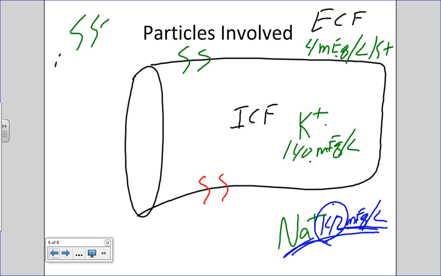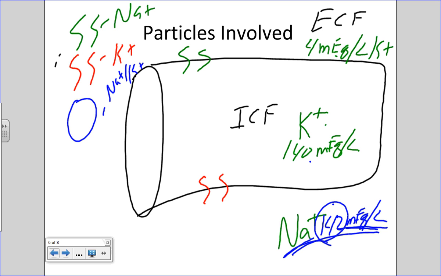There are going to be sodium gates, there are going to be potassium gates. Now, let's say this is just a resting nerve. It's not sending impulses, or what we call action potentials. It's just hanging out in its environment. When this neuron is in a resting state, it's practically impermeable to sodium.